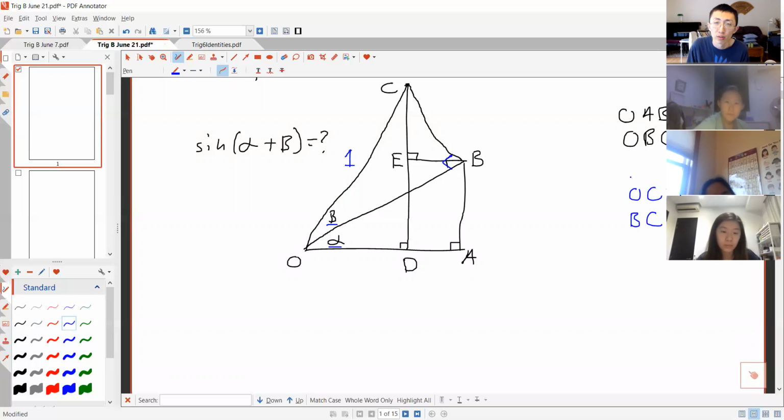So we have a right triangle there, OBC. Does it have to be both angles? No, it can just be 1. Okay. Then BC over what equals what?